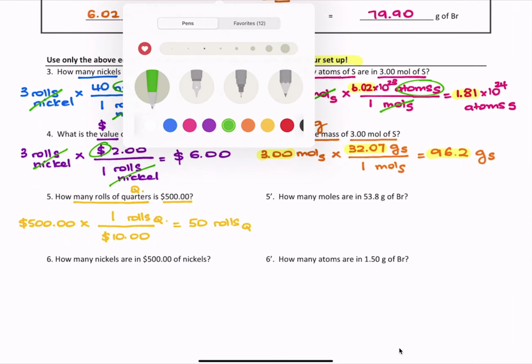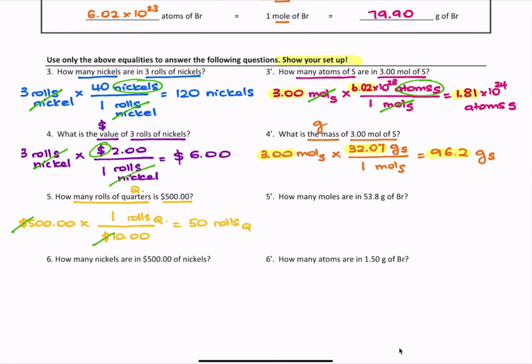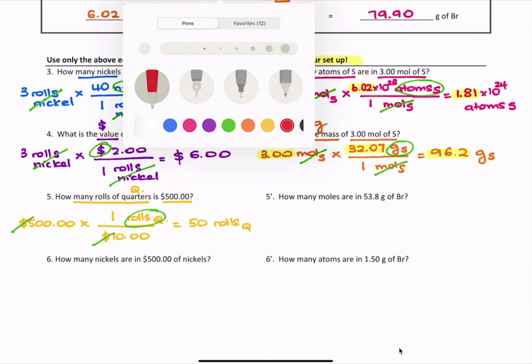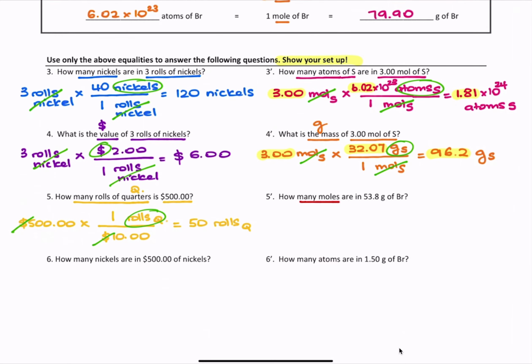Notice that again, the units cancel here and we're left with rolls of quarter, and before, our units were to cancel here and we were left with grams of sulfur. 5 prime now. So let's take a look at this problem. How many moles? So we're looking for the number of moles now. Moles of what?